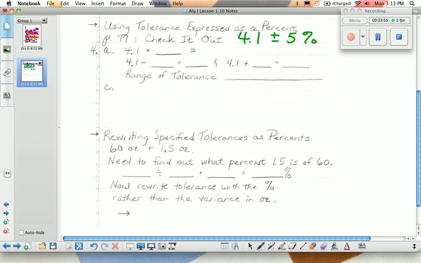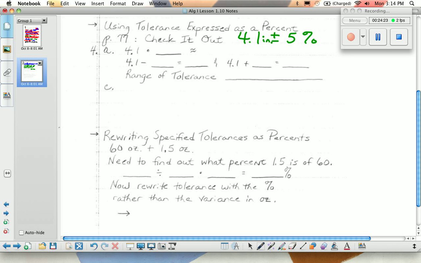What's the ideal? And these are inches, if I'm not mistaken. I forgot to put that. These are inches. 4.1 inches plus or minus 5%. In other words, what do they really want it to be? 4.1 inches. But they'll tolerate it varying by as much as up to 5%.